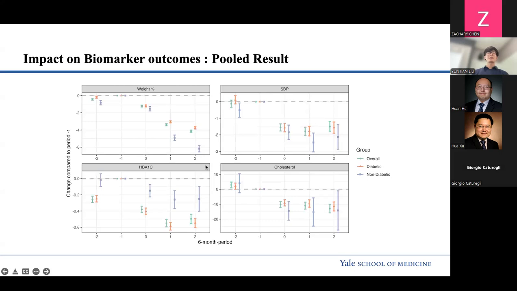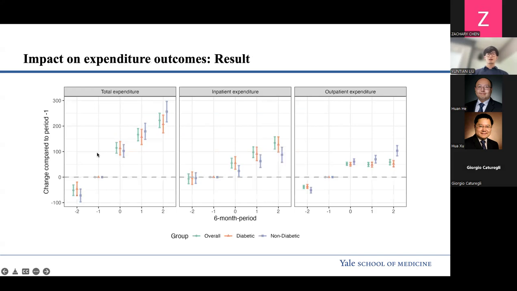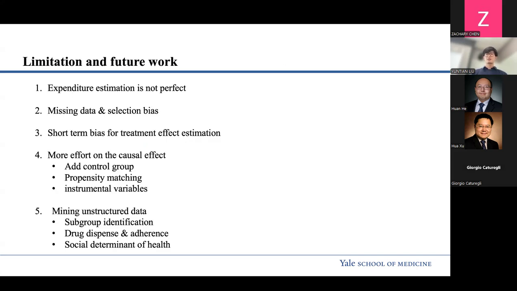That's why you see that after 18 months, the weight reduction for the overall group goes to -4%, but on average over this period it's just 2. That's a drawback of this study design and methods, and we would come up with a more justified, robust way to deal with it.